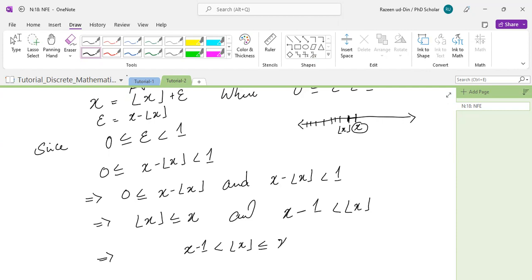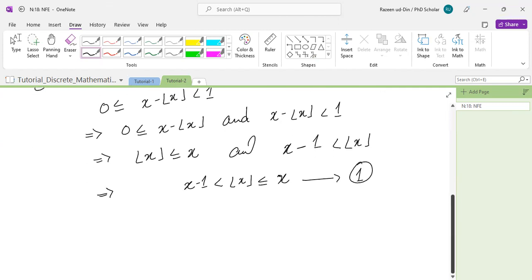So by combining these two, we can write these two inequalities like this. Let's call it equation 1.